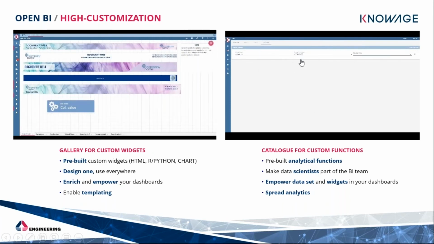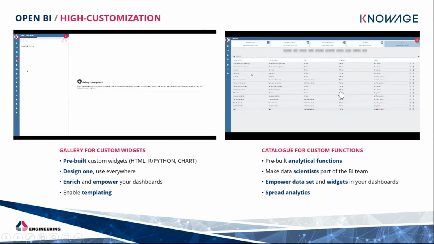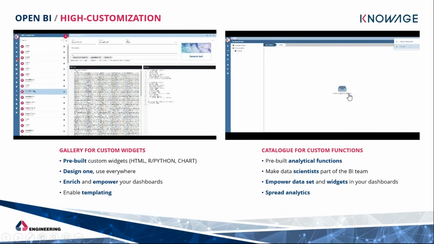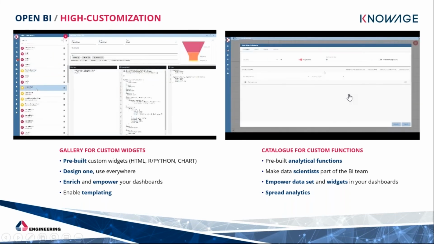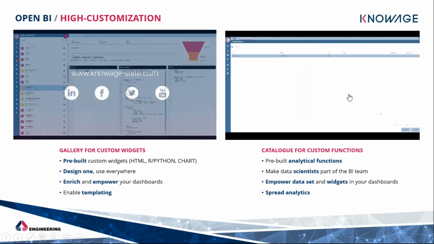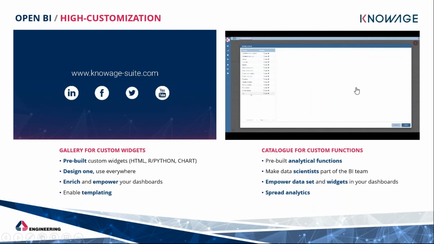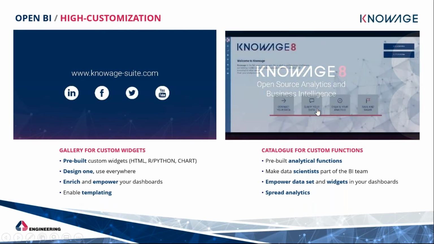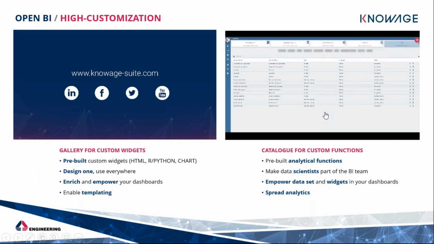And the function catalog here allows your data scientists to write custom functions that can then be easily used by any other users without R or Python skills. This way you can enhance every analysis you did with an R or Python function without having to involve the data scientist all the time.